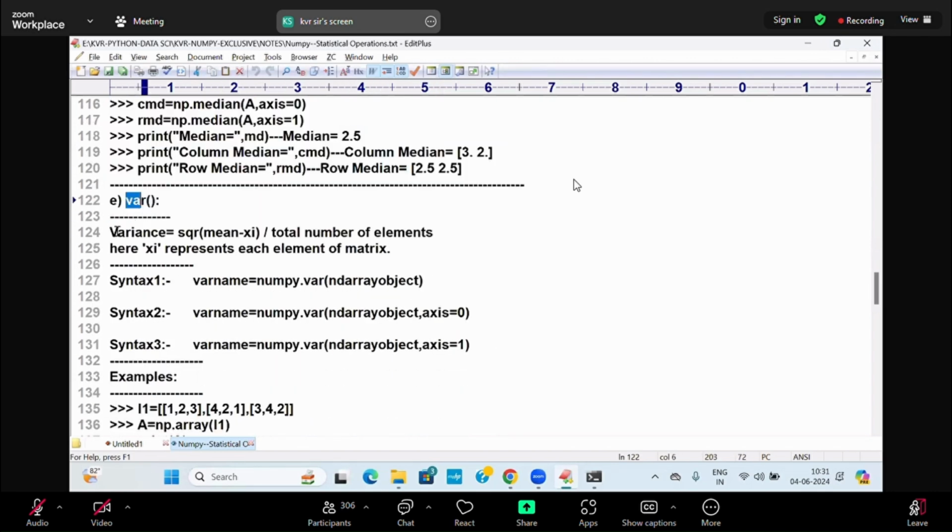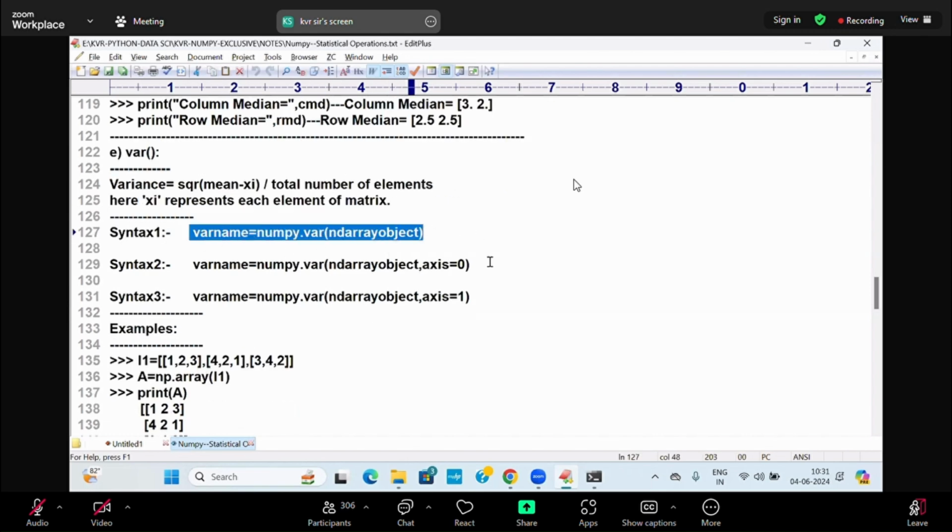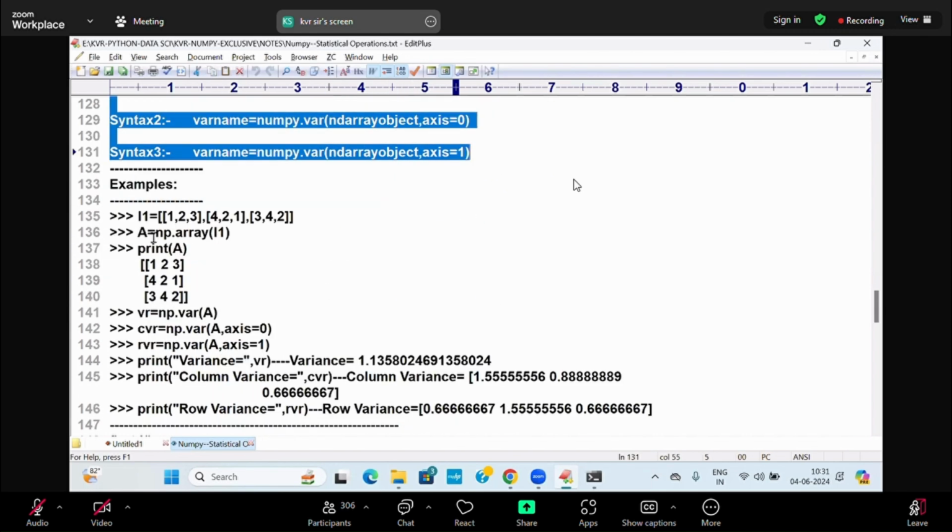Variance. See the formula: variance is equal to the sum of squares of (xi minus mean), divided by the total number of elements. You can write either xi minus mean or mean minus xi, because anyhow we are squaring. Xi represents each element of the matrix. So total variance, axis-wise variance is also there.